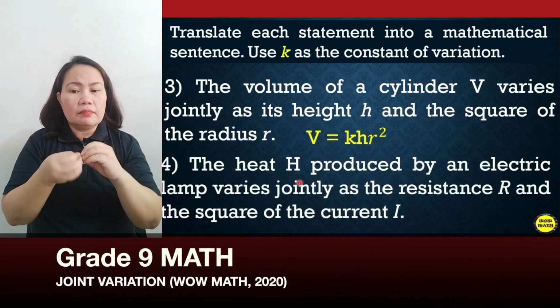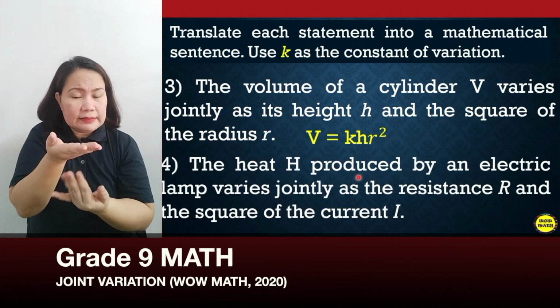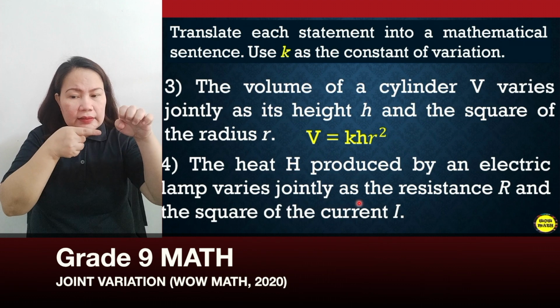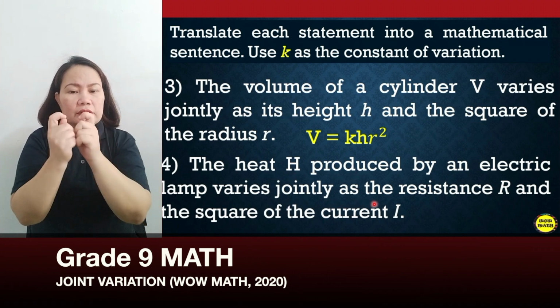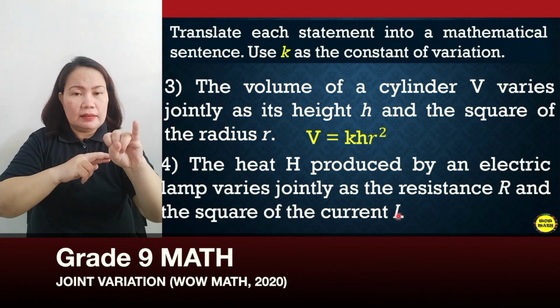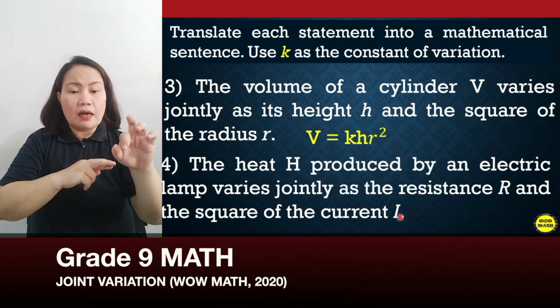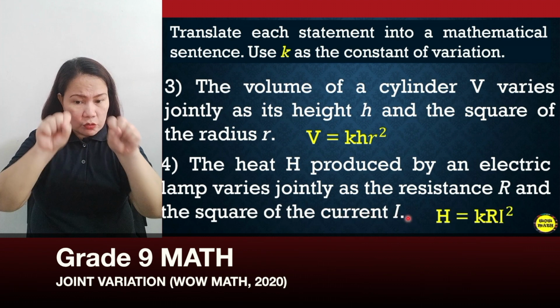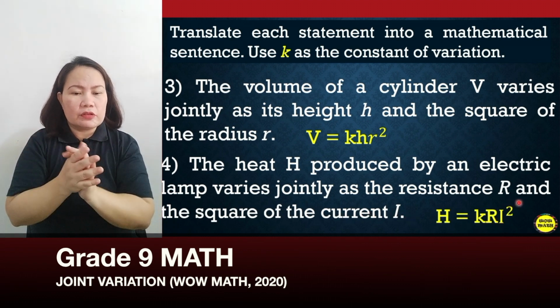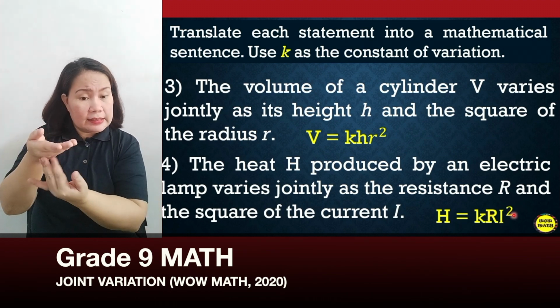For number 4, the heat H produced by an electric lamp varies jointly as the resistance R and the square of the current I. So may square ulit to, so it means this is I squared. So that is H equals KRI squared. Or pwede naman mauna yung I squared bago yung R. Okay?